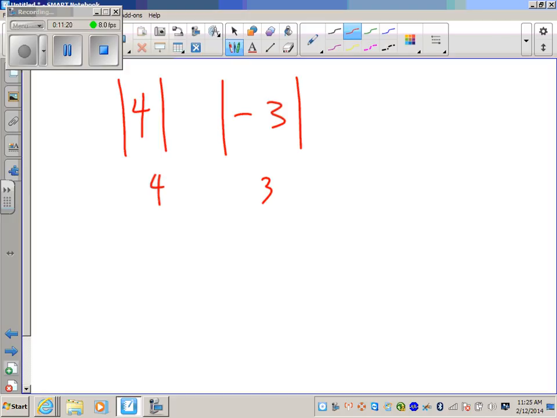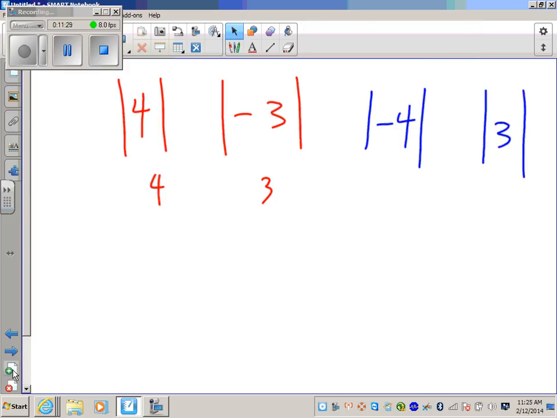What if I have a negative 4 and a positive 3? What's the absolute value of the negative 4? 4. Absolute value of the positive 3 is 3. The difference between 4 and 3 again is what? 1. But in this case, you put a negative 4 with a positive 3, are you going to get a positive 1?